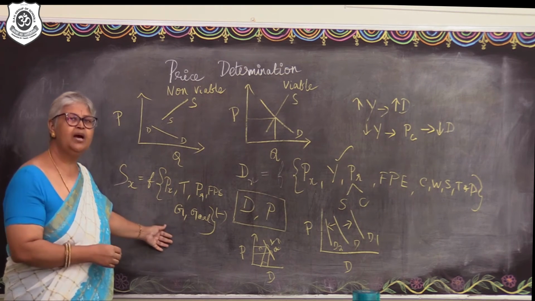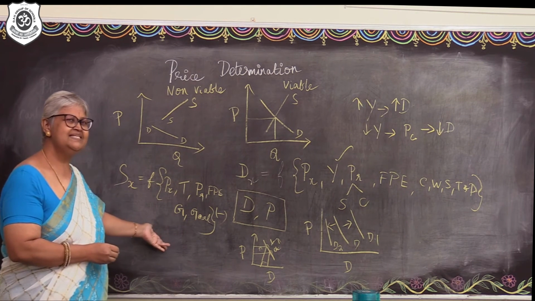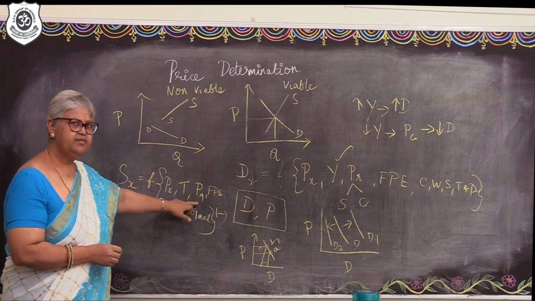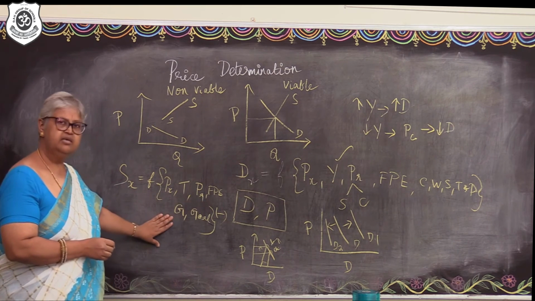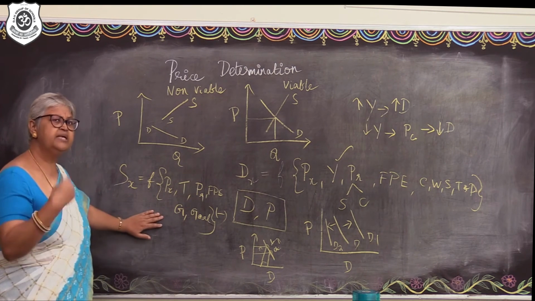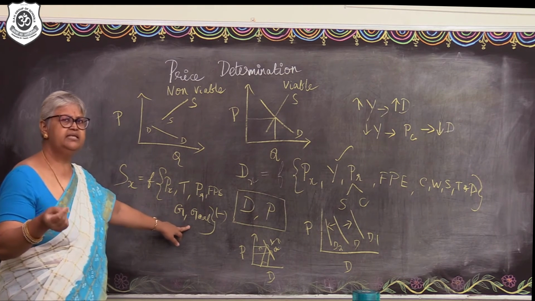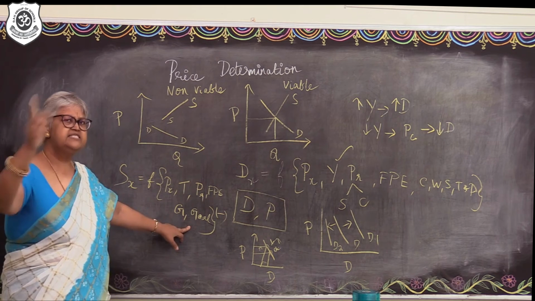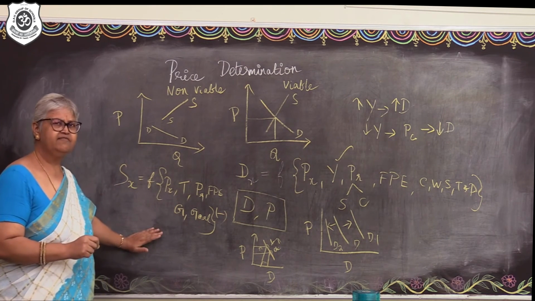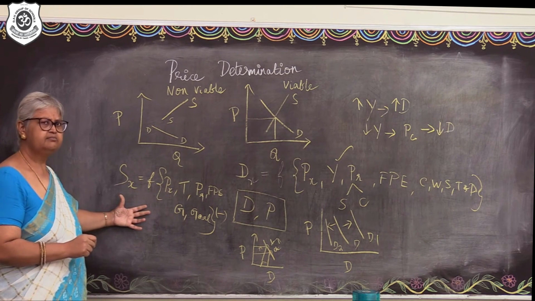This is something you have understood already in your supply chapter. I am merely recollecting these details, right? So price of the product, technology, price of related products, future price expectation, government policies with respect to taxation and subsidy and so on, and then the goal of the firm, whether the firm would like to maximize profit or maximize sales, right? All these factors will affect the supply of the firm.